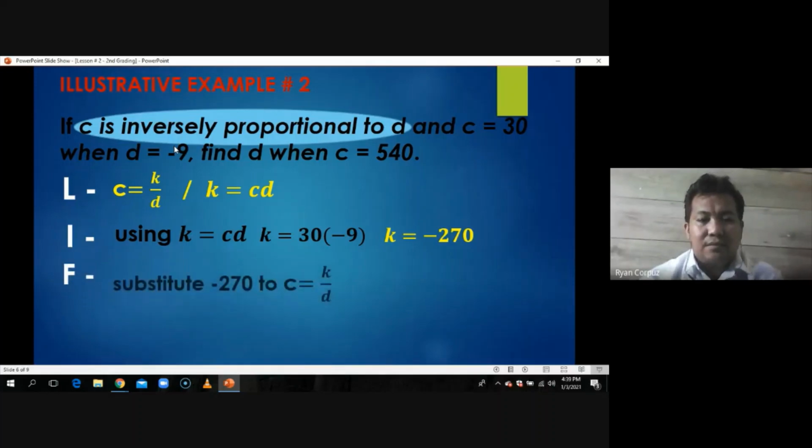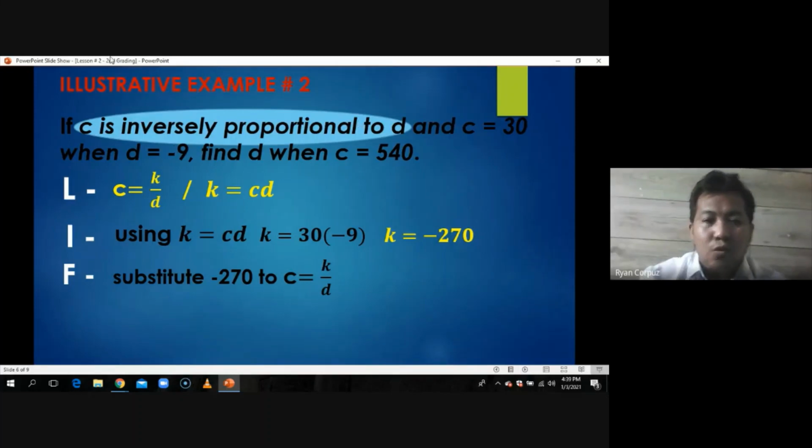And using that value of K, we substitute that negative 270 to the first equation na C is equal to K over D. So we'll come up with C is equal to negative 270 over D. Then find D, sabi ito, find D when C is equal to 540.